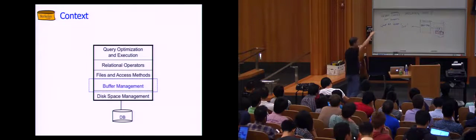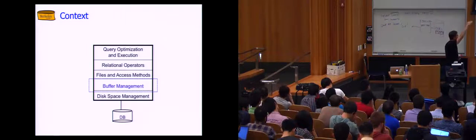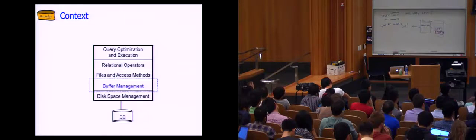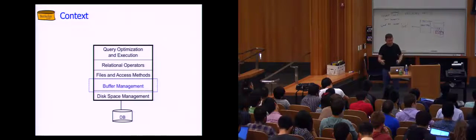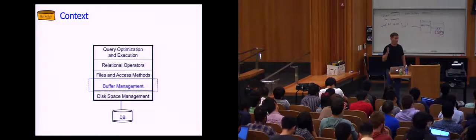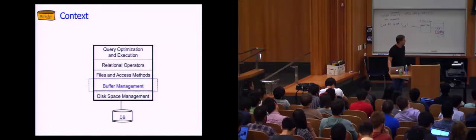So between the file access methods, relational operators, all that good stuff we've learned about for query processing and the disk space manager, we're going to insert a caching layer called the buffer management layer. And it's going to do what you'd expect: caching. But as we talk about recovering from database crashes, it can be very sensitive to the needs of a database system. So it's going to be a little different than the cache manager in a file system.